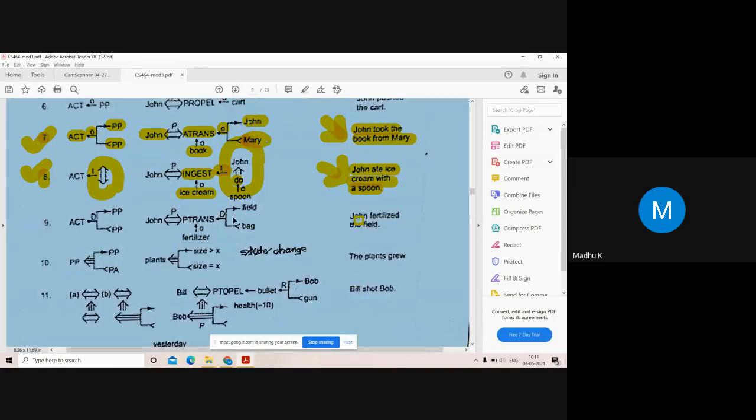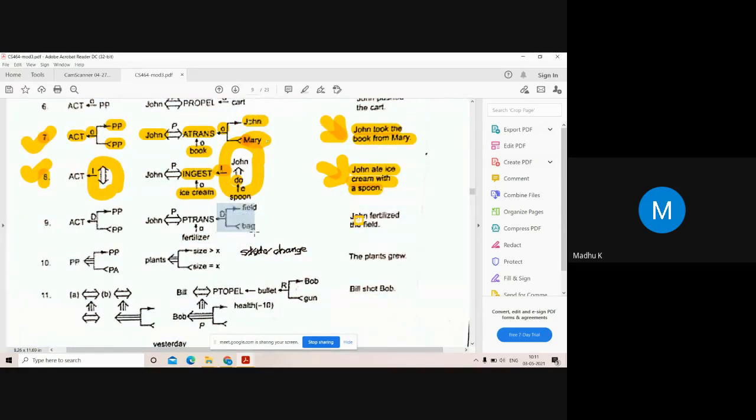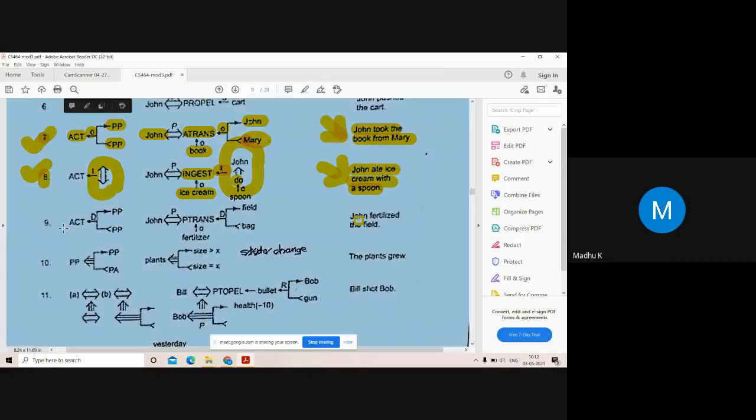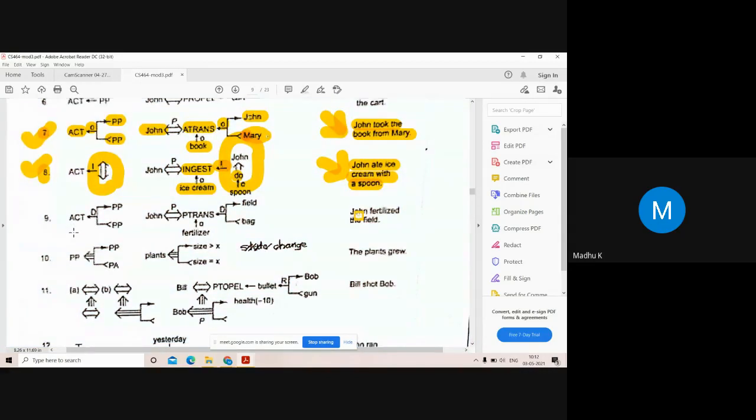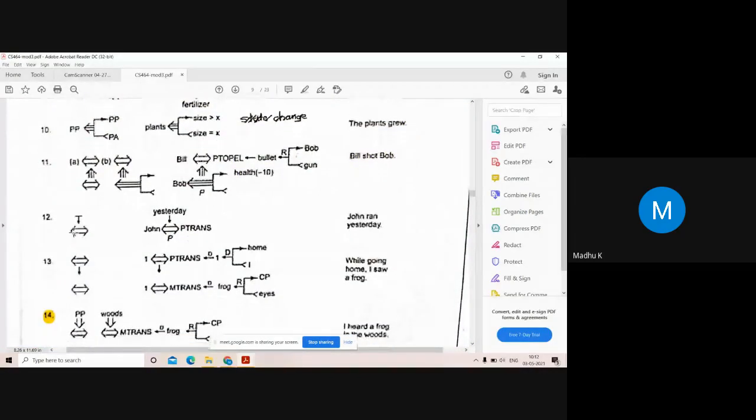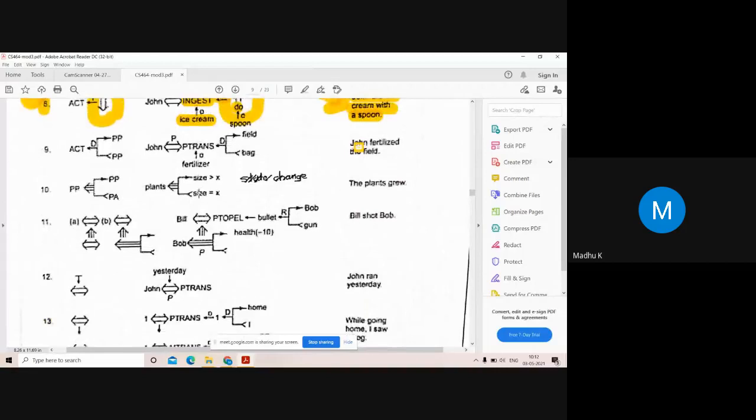Then here I will represent it in this way: from the bag, John took the fertilizer and put it on the field. So I want to represent it in this way. This is the 9th rule. Similarly, there are the 10th and 11th, up to 14 rules.